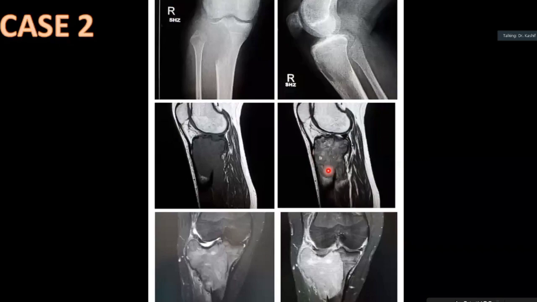These T2 hyperintensities usually represent an underlying aneurysmal bone cyst. Usually these lesions are a mixture of GCT and ABC, and there may be some fluid levels as well. So the spectrum of disease is giant cell tumor to ABC or ABC to giant cell tumor. But this is a confirmed case of giant cell tumor with malignant transformation.